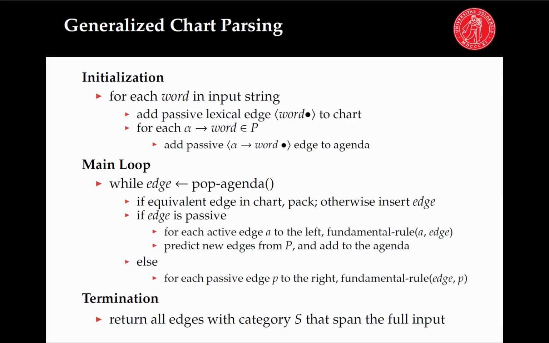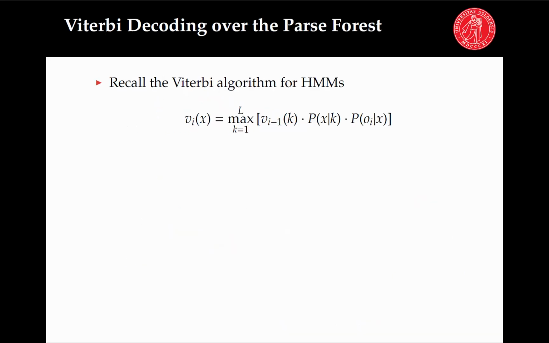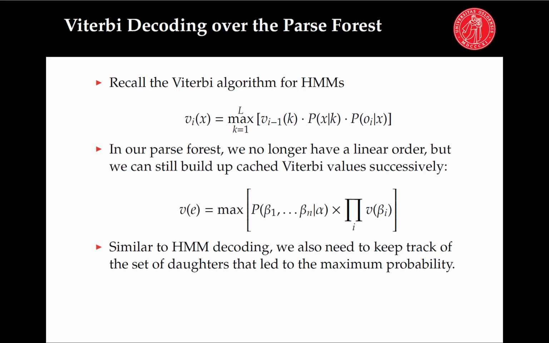So this is just the pseudocode of the generalized chart parser. And here is what we've done in terms of Viterbi decoding over sequences so far, where V at time point I for state X was the state matrix caching previous computations.